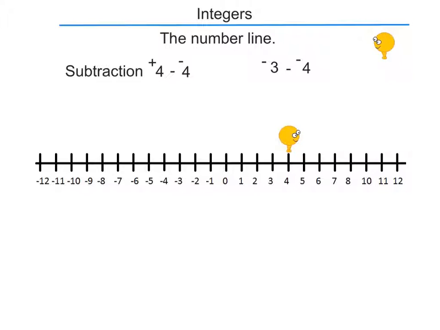Now, in the next one, we've got to subtract -4. So because it's a negative, I now need to face the negative direction. So I'll swap those over. Normally, if you're adding a negative, you then move in the negative direction. But because we're subtracting, you actually just walk backwards.